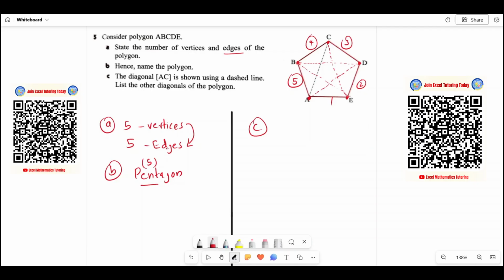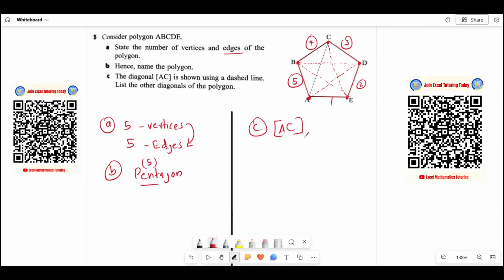So how many diagonals in total? AC they have already given. So how many diagonals did we find?